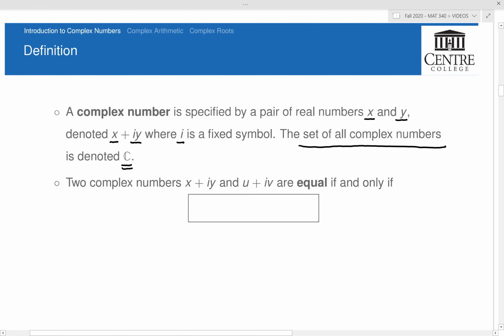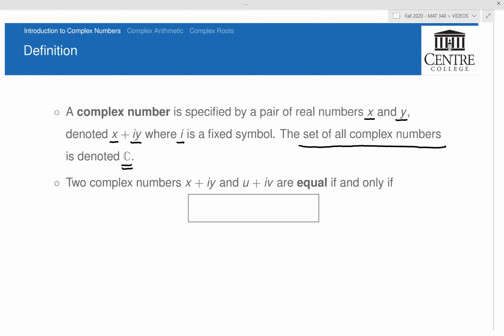Again, a complex number is specified by x plus iy, where x and y are a pair of real numbers, and all possible complex numbers are denoted by boldface C. That's our new number system, which we're calling complex numbers.